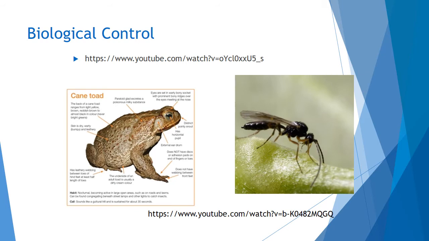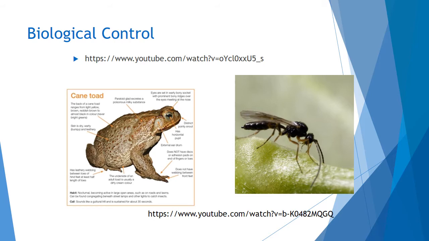And biological control, basically what this is, sometimes we can use organisms to control other populations. So we can take one population and try to control another. Sometimes it works out for the best and it's useful, and everything goes okay according to plan.